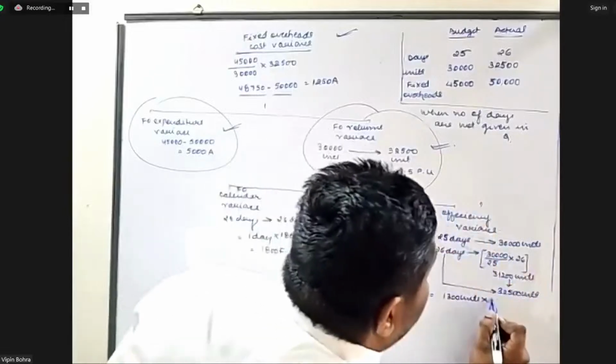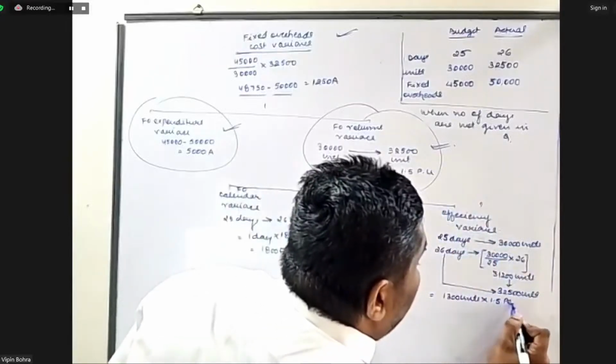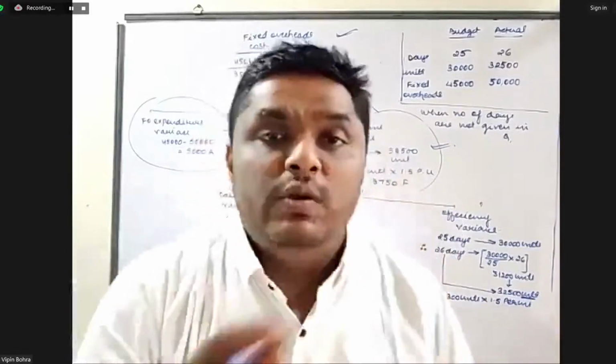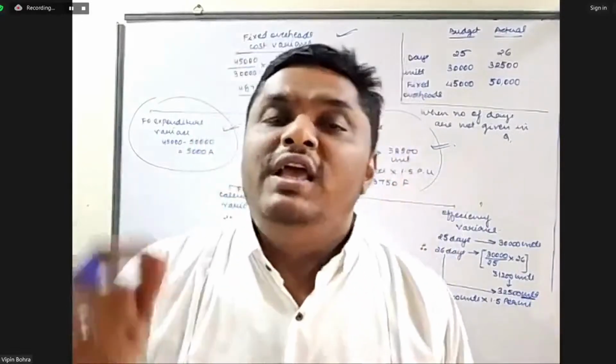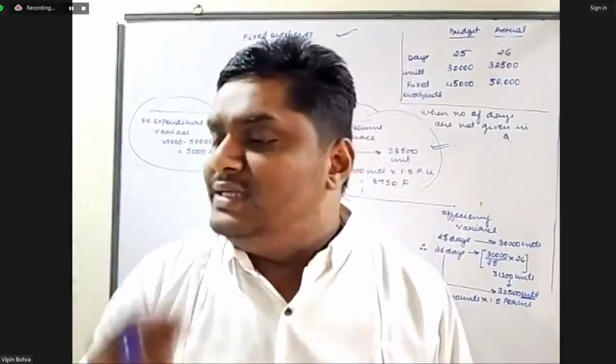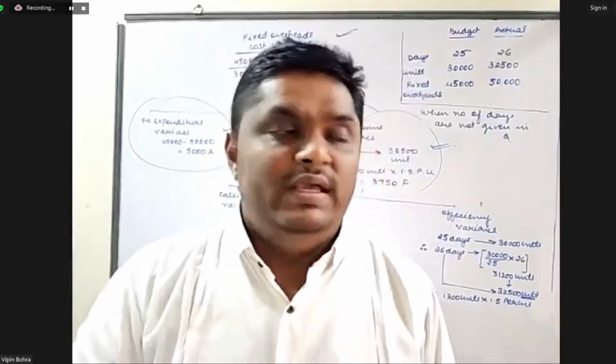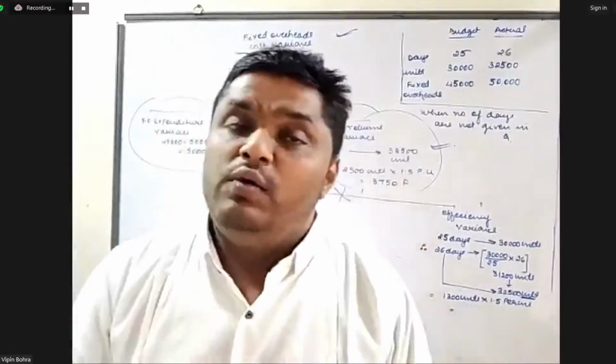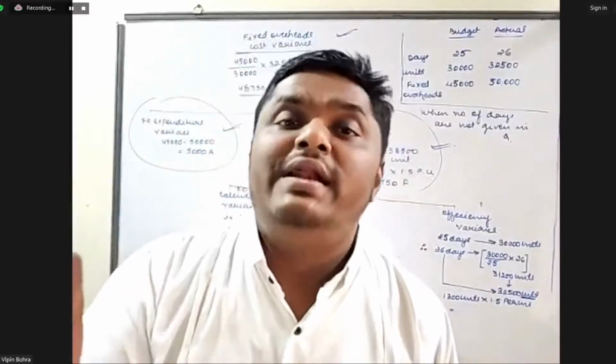Into the rate per unit, that is 1.5 per unit. Since we are calculating the number of units, we'll use the rate per unit. If we are calculating the number of days, we'll use the rate per day.